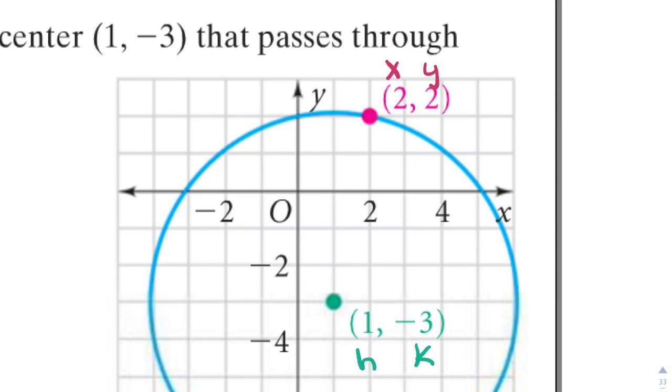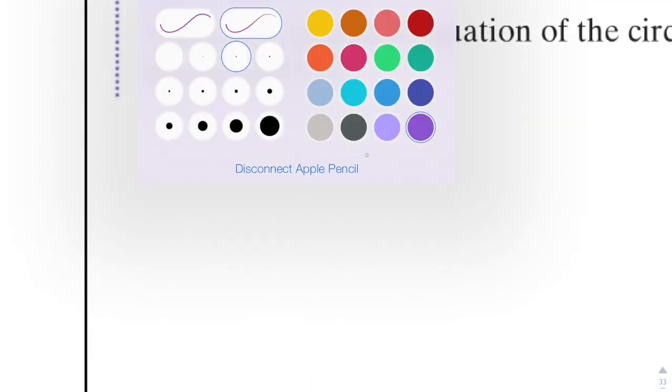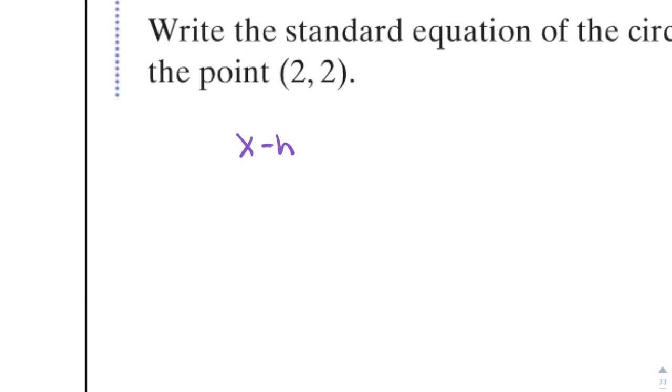To write the equation of a circle, I have x minus h squared plus y minus k squared equals r squared.